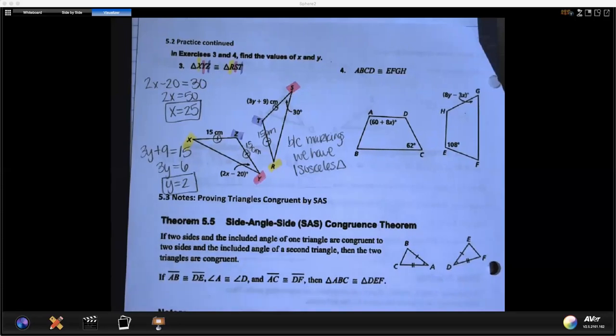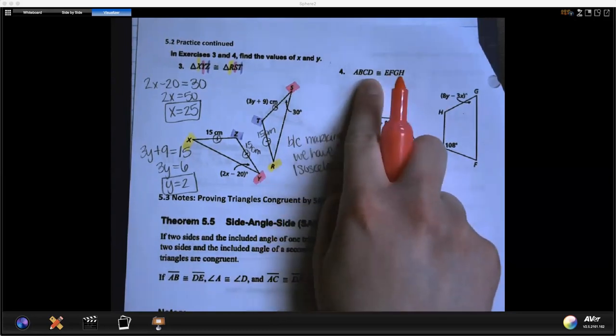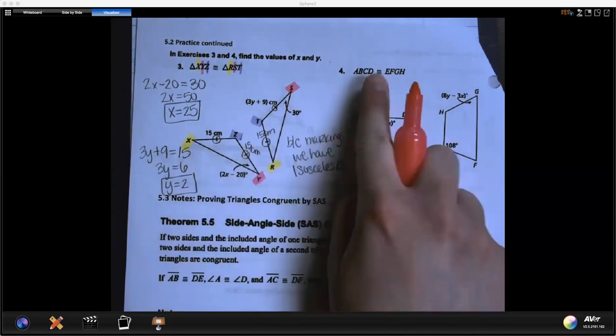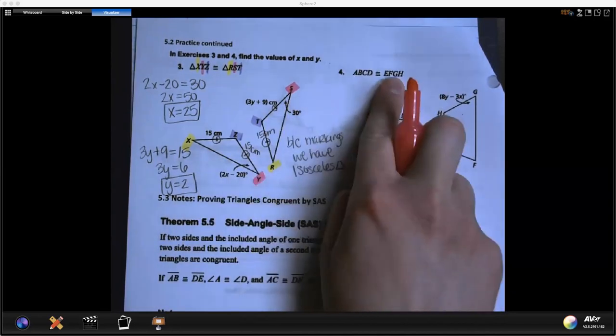All right, so while looking at what we have here, we have to go with x first, because that's going to be the key to this. In order to solve for y, we have to solve for x first. So let's look at our matching part. If we have A, B, C, D, E, F, G, H, we know A and E are corresponding.